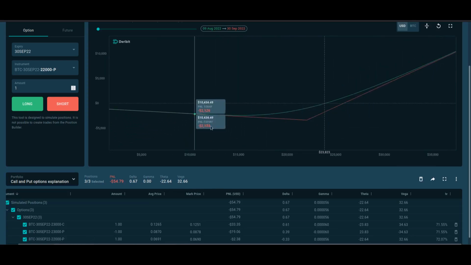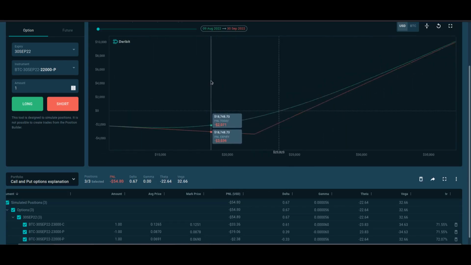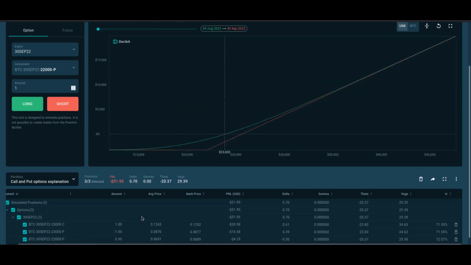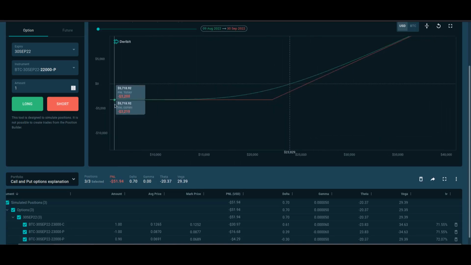In USD you will see almost the same as I expected to get. So we get losses up to 22,000, and then we have no losses. Basically it should be, let me show, like this, I guess. Yeah, probably like this.